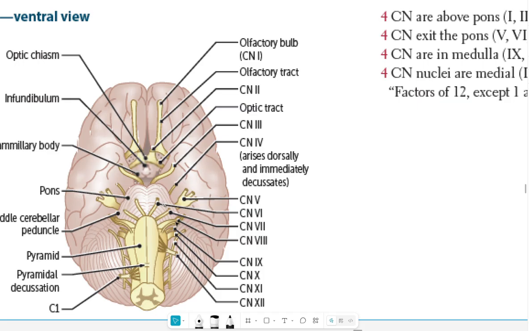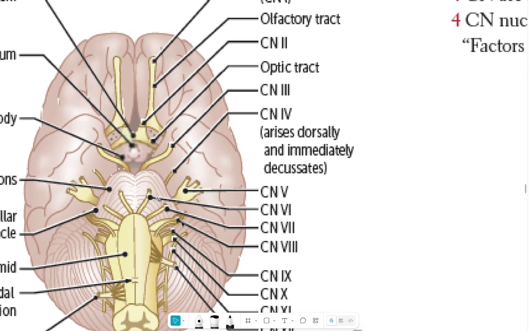Okay, so one thing I wanted to show you was that your cranial nerve 7 and 8 almost leave together at the cerebellopontine angle. This is why if a vestibular schwannoma happens, it affects the cranial nerve 8 first, and then it affects the cranial nerve 7 because they almost leave together at the cerebellopontine angle.